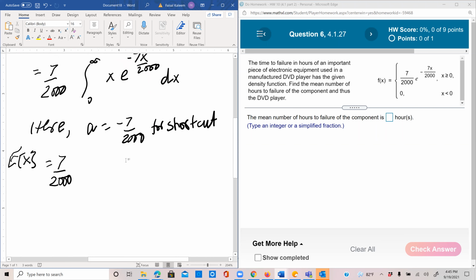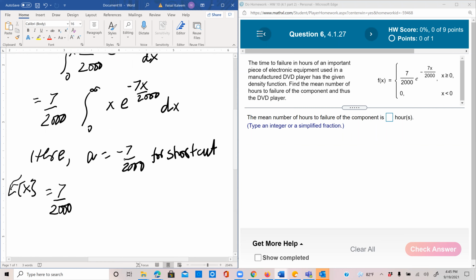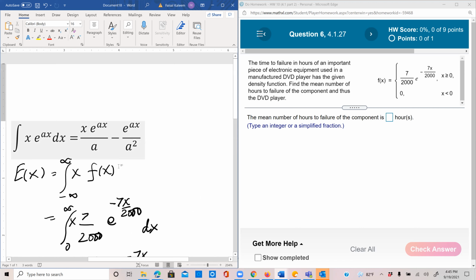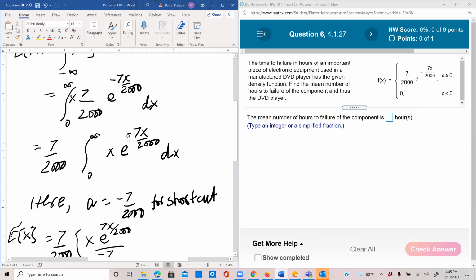So it would be x e^(ax) over a, and a is negative 7 over 2000. And then the second part says minus e^(ax) over a squared.